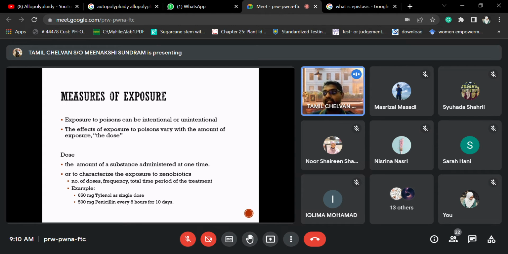So certain medicine like Panadol kan, if you're sick, if you take less than 300 milligram in 8 hours, it doesn't work. The dosage tu tak cukup untuk trigger the treatment pun. In the curve, it must have a certain percentage to start the treatment, to start the effectiveness.